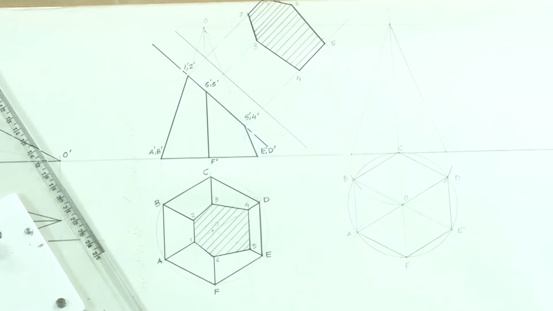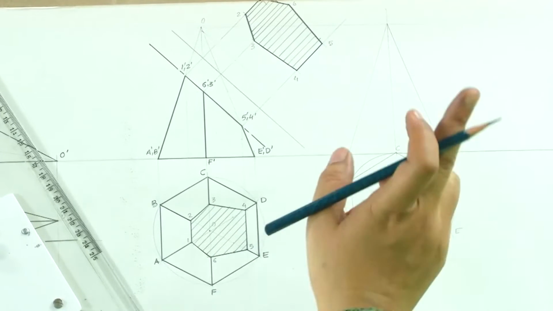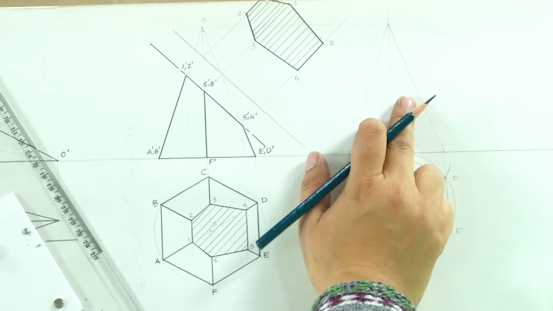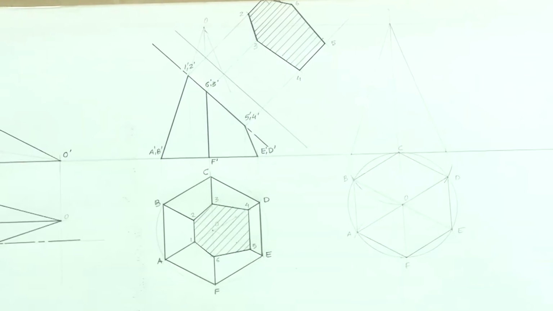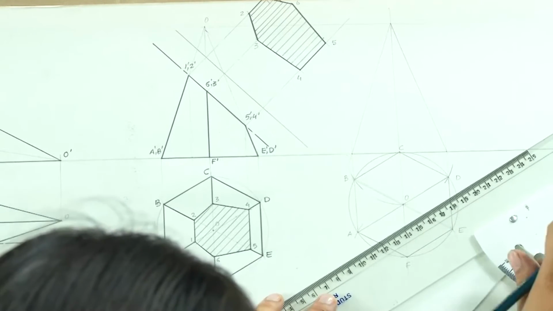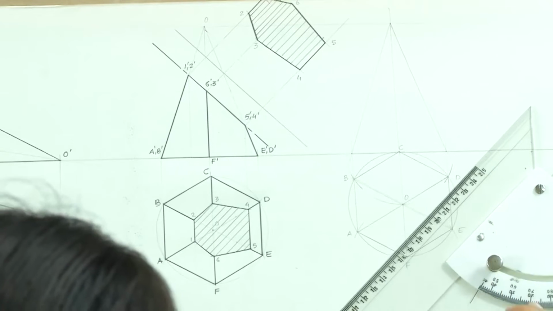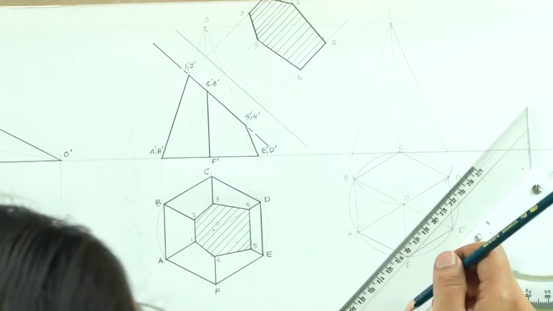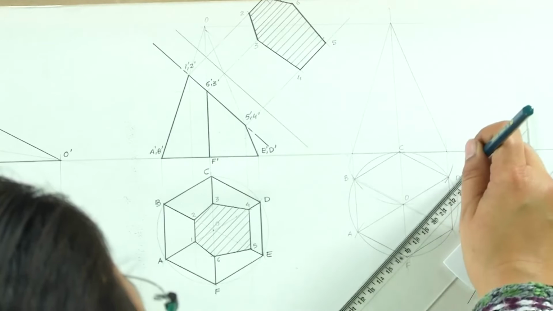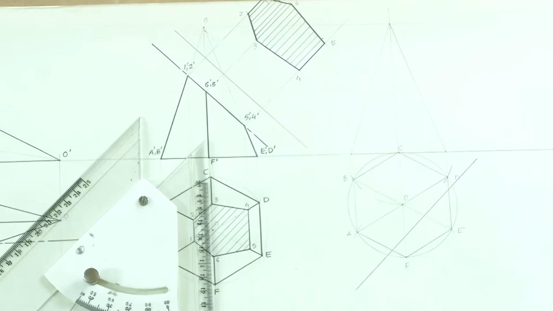Now, what we are assuming is that we have a plane which is perpendicular to HP and it is inclined to VP. So, let us assume that this is a plane, say inclined at 45 degrees to VP, and it is cutting the pyramid like this.